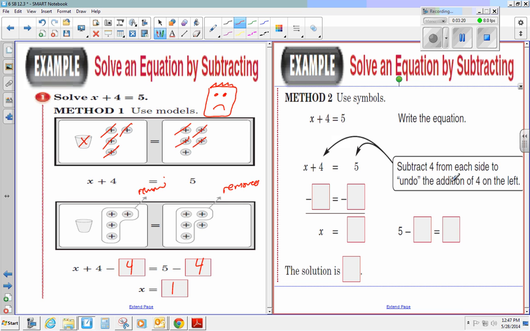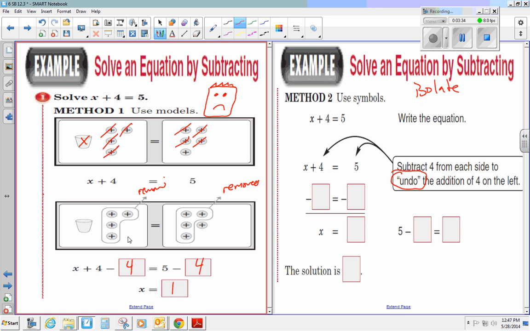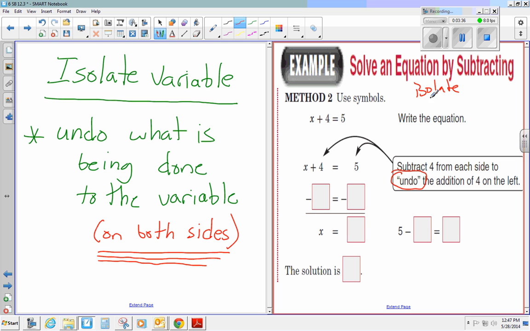Now, what's going to be better in the long run for you to figure out is by undoing. We need to isolate the variable. So here's the variable. We need to get it by itself. So what is being done to the variable?